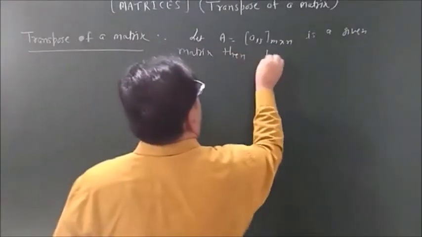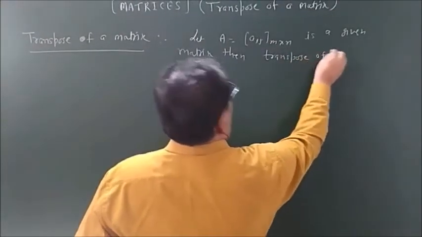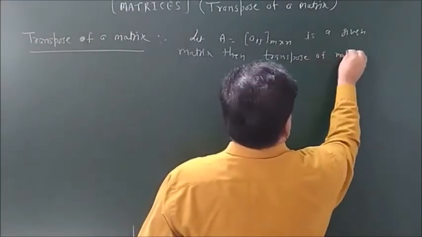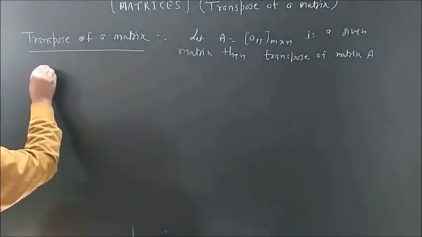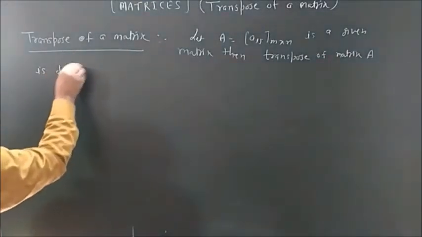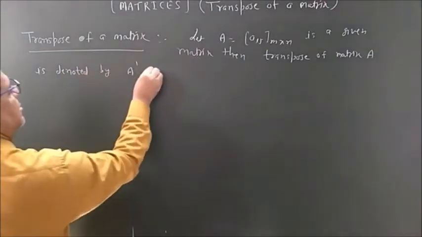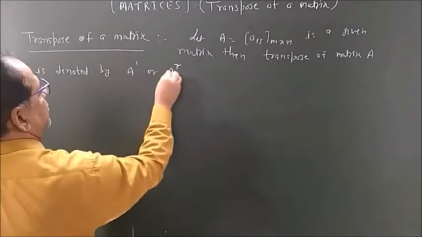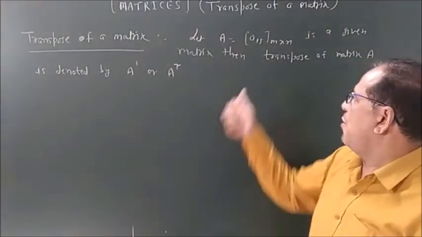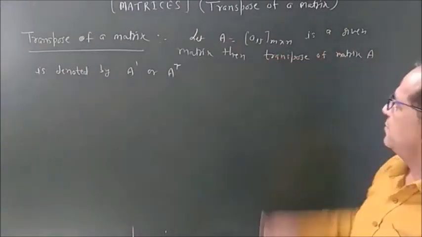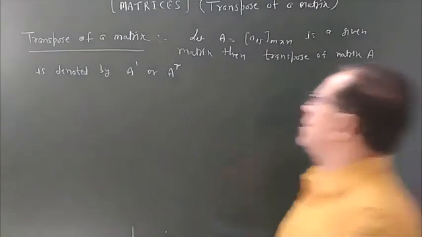Then the transpose of matrix A is denoted by A dash or A transpose. A be a matrix with order m cross n is given. Then the transpose of matrix A is denoted by A dash or A transpose.